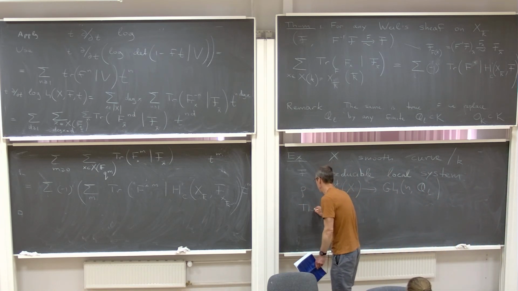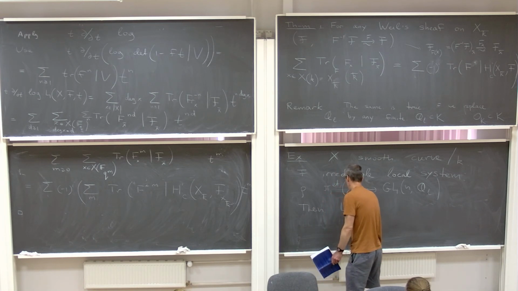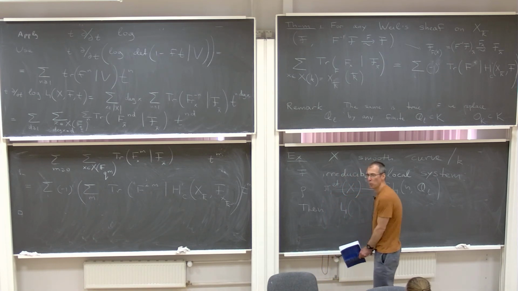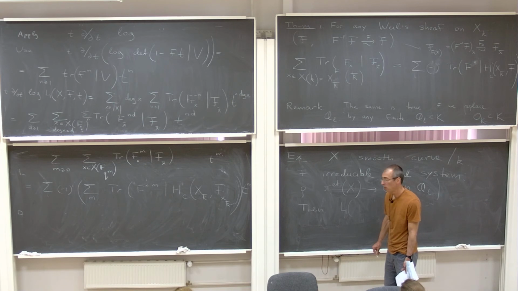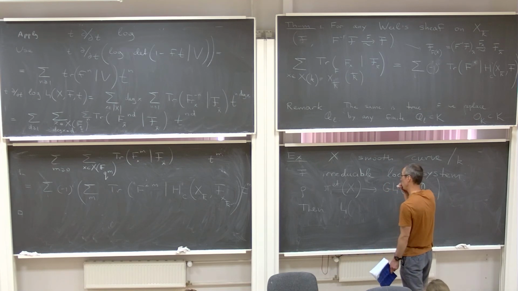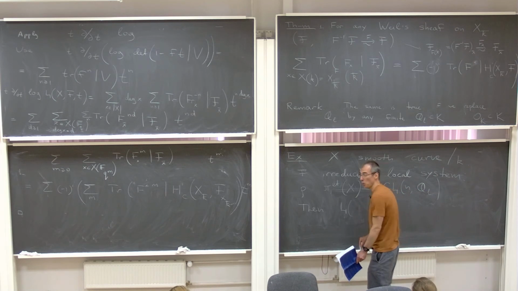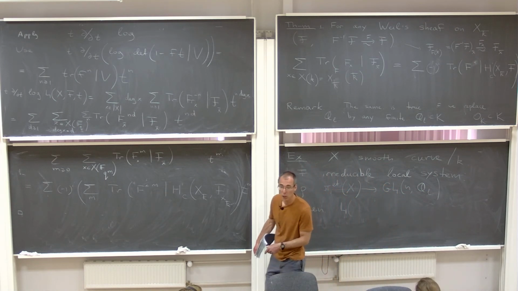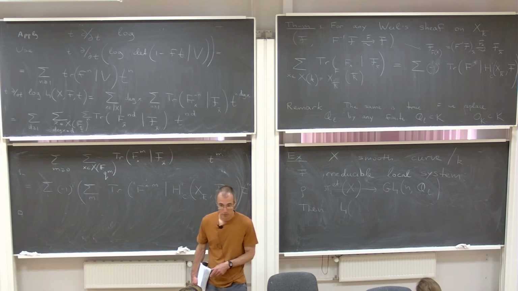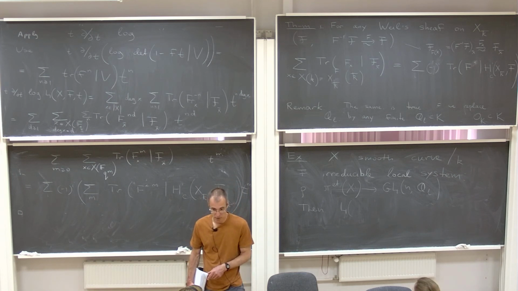Then the L function. So what do we know about L functions of irreducible local systems? Lisa, you explain this to us. There is a big conjecture, the most important conjecture. What does it say?